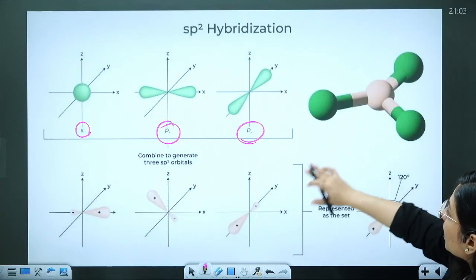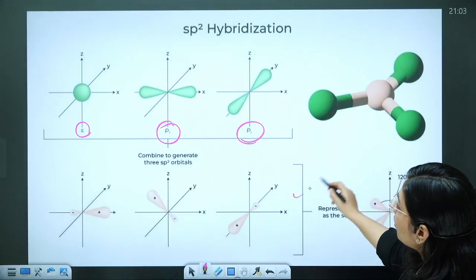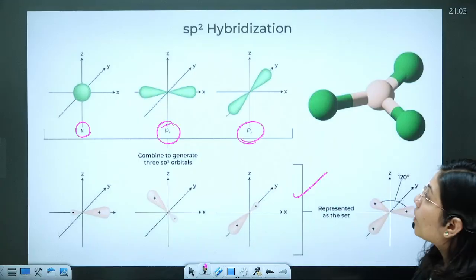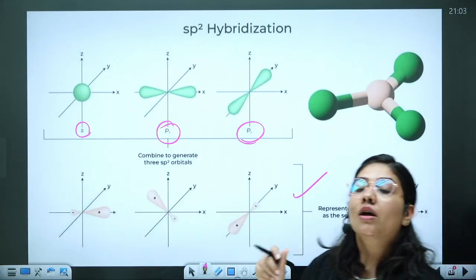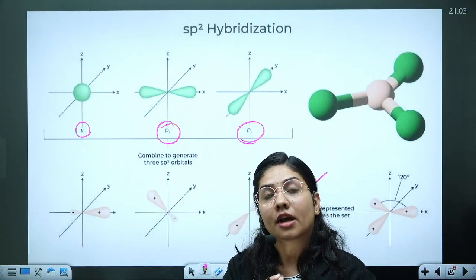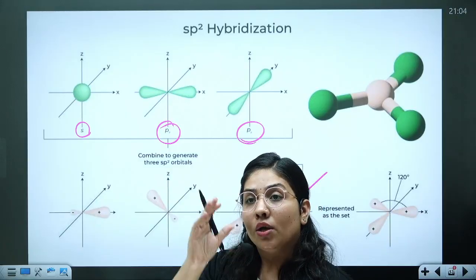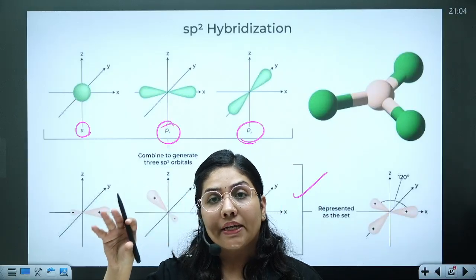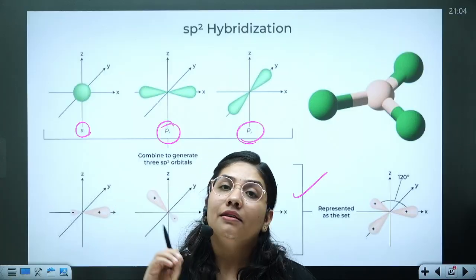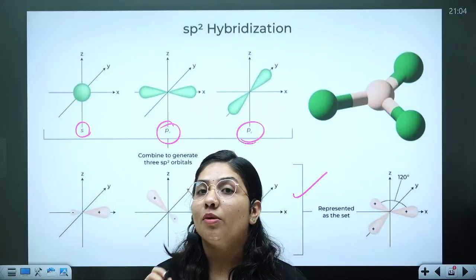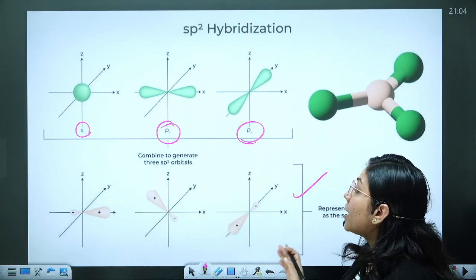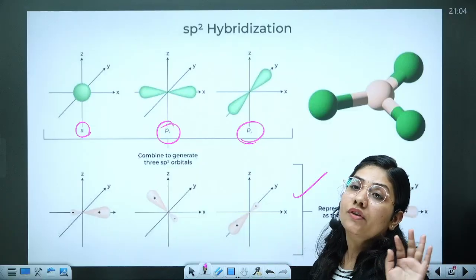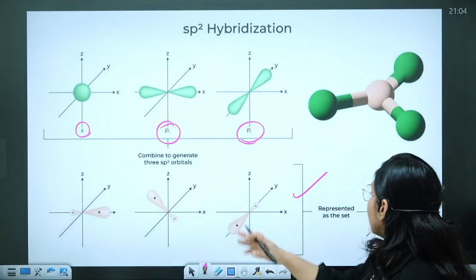Okay, the hybrid structures are given below, you can see. Since there were 3 things participating, we have already understood this fact that the number of participating orbitals and the number of hybrid orbitals will be the same. Okay, so we will get the same number of hybridized orbitals but of equivalent shape. So this is what we get.